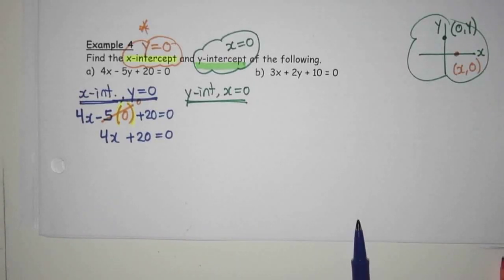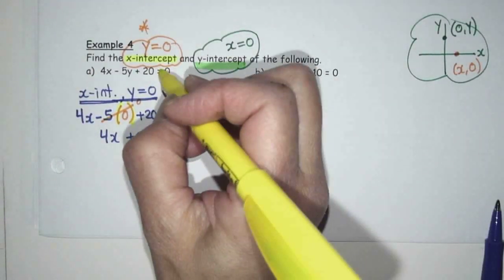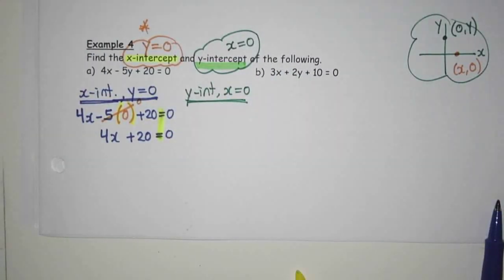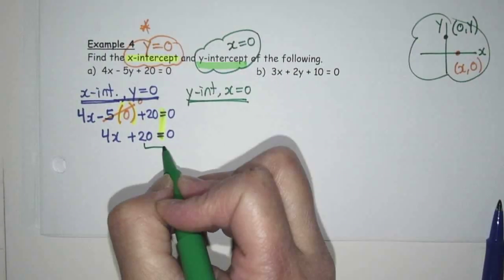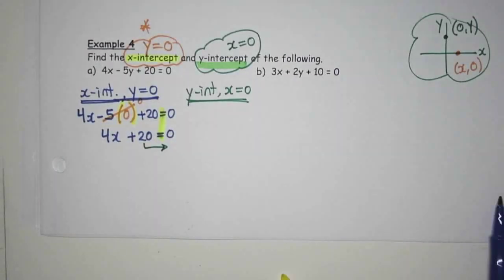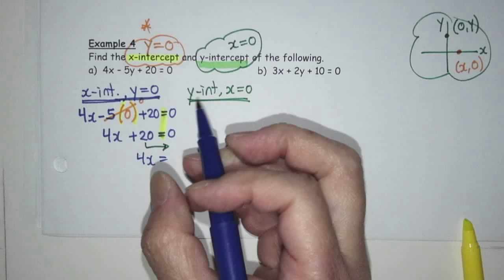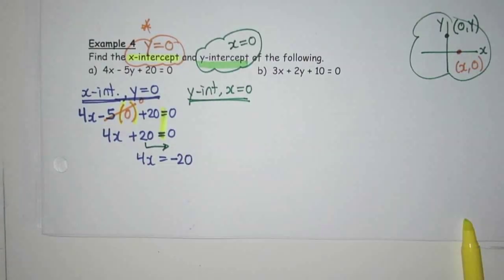Then I'm going to solve. You'll notice that this has the equal 0, so I'm putting the equal 0 here. I'm going to hop this 20 over that equal sign. You don't have to show the arrow, but when I'm solving, when it hops over, it becomes negative 20.